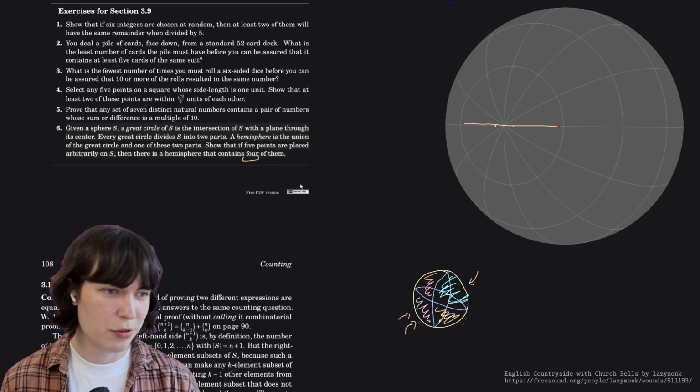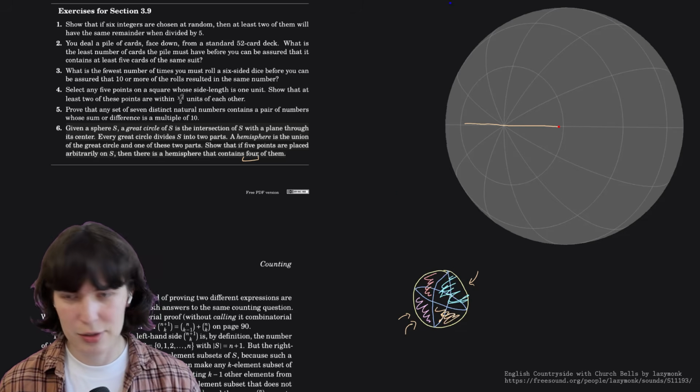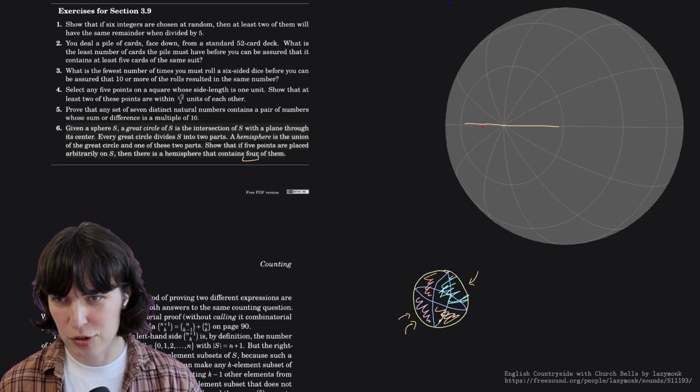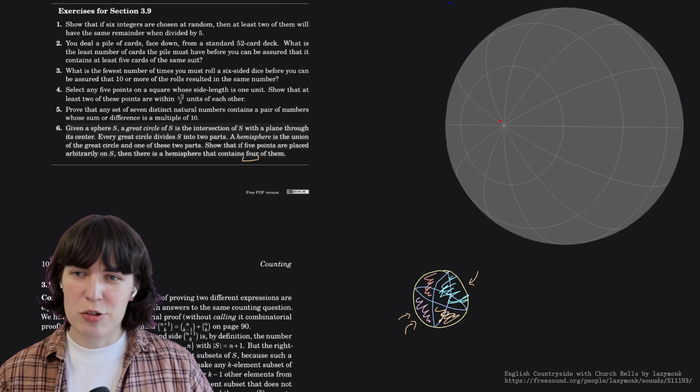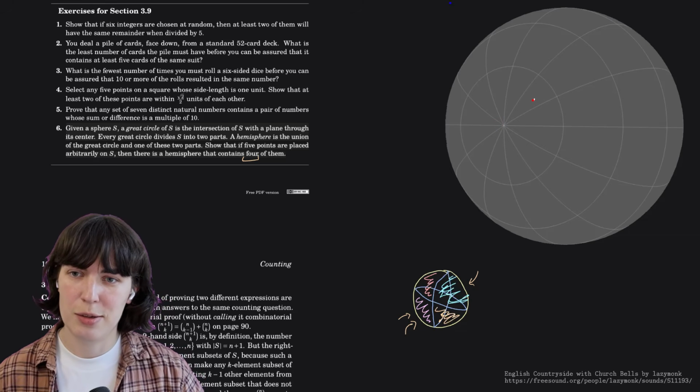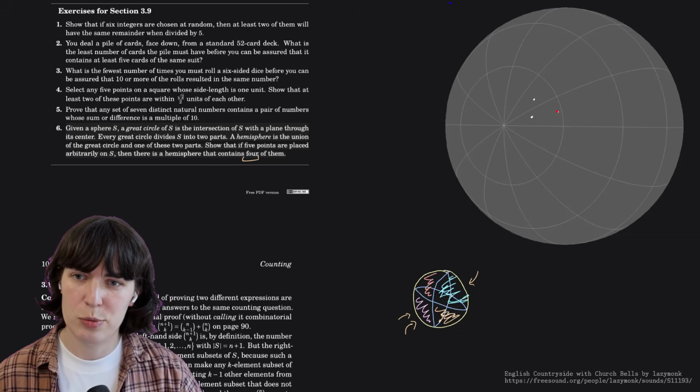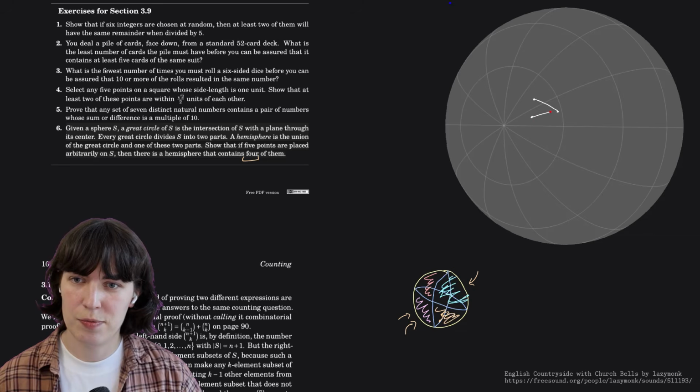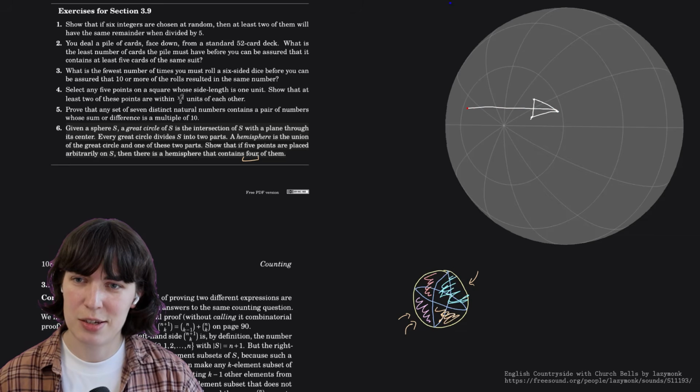Okay, so we try to construct a triangle. And then we try to take one point and bisect this sphere on it somehow.